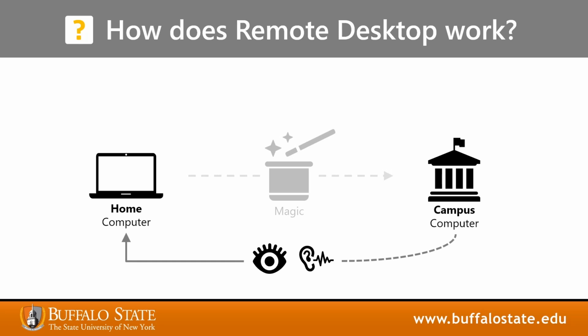At the exact same time, all the inputs from your home computer, so this is you typing on your keyboard, using your mouse, and in some cases actual microphone input, are being sent to the campus computer. Both of these are happening simultaneously, or as close to simultaneously as your connection will allow.